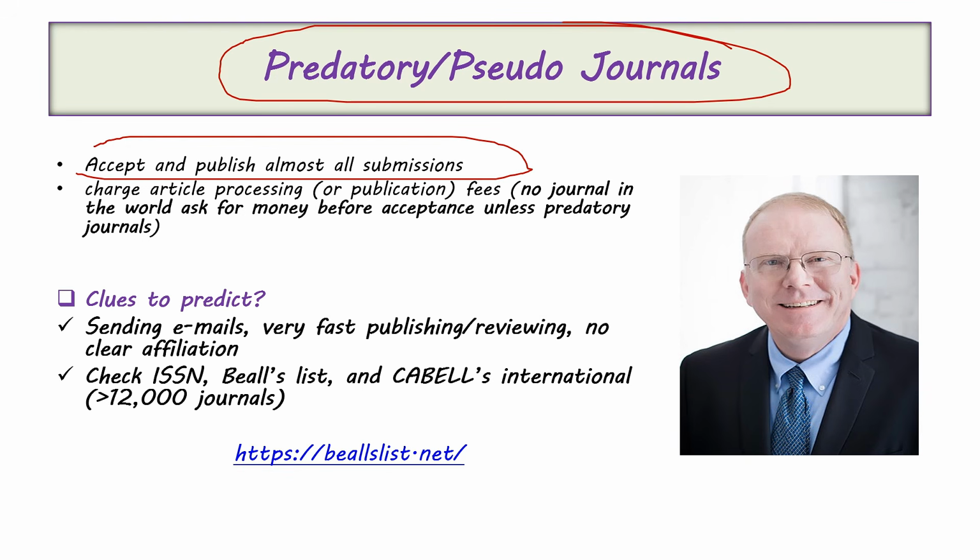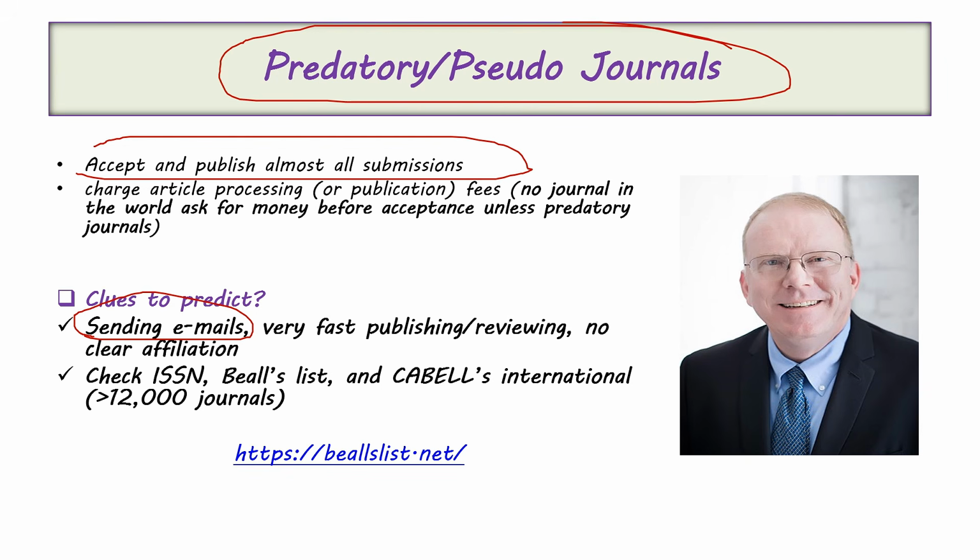Okay, how to detect these journals? A clue to discover them: if you are a beginner researcher, they will always send an email to you. Receiving such an email as a beginner researcher is an indicator that this journal is a predatory pseudo journal.